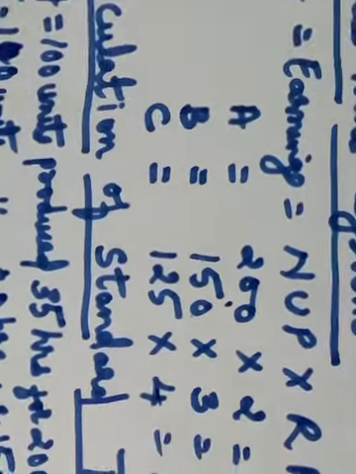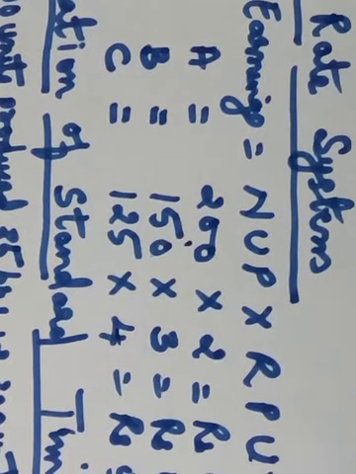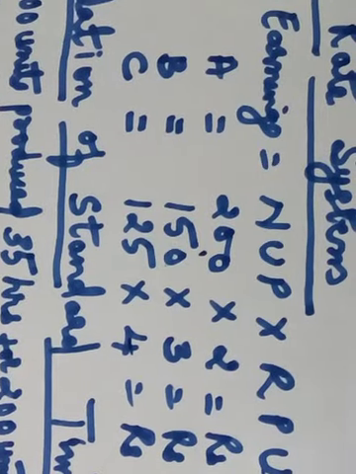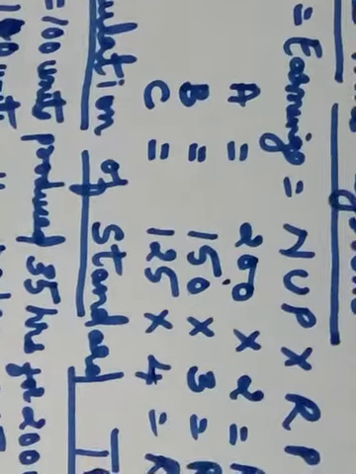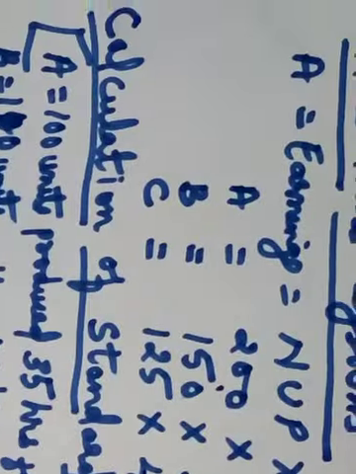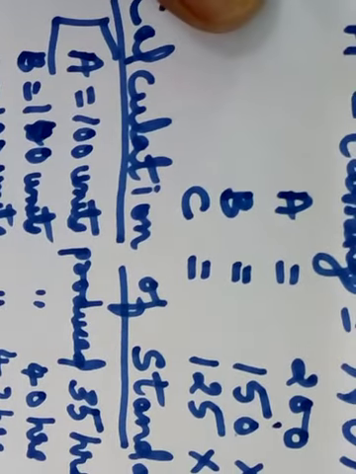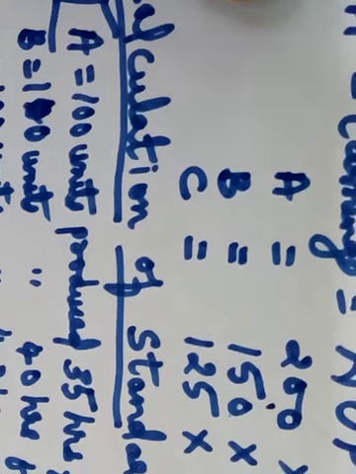Next is calculation of earnings under Halsey bonus plan. Before we move on, there is a need to calculate the standard time, which is not given in the problem. Here standard time is given for 100 units, but we need to calculate it for the total number of units produced.